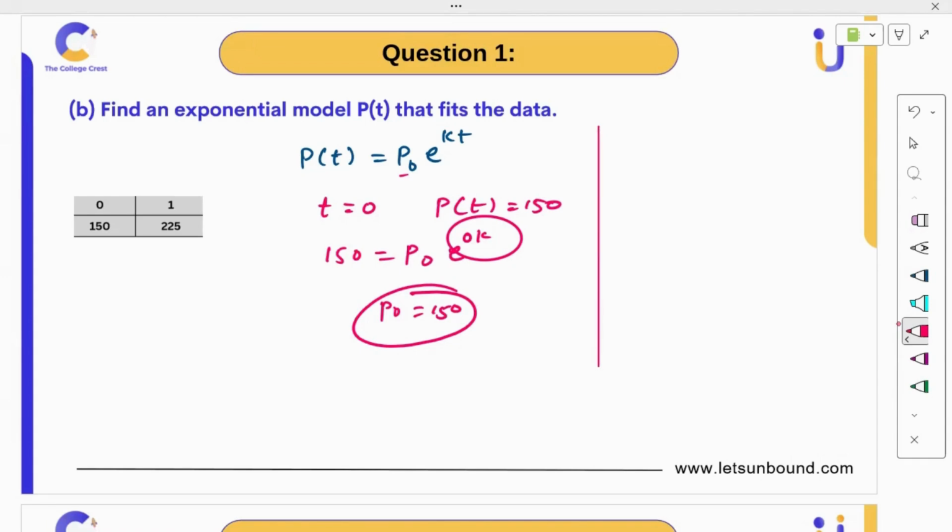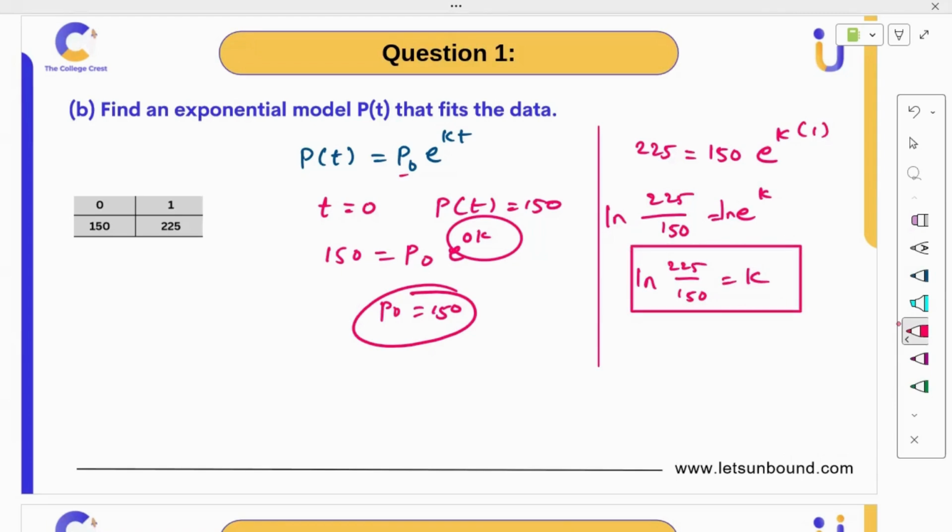So you pick another point: 225 equals P naught, which is 150, times e power k, where t is 1. So 225 by 150 equals e power k. I want k, so I'm going to take ln on both sides. So ln of 225 by 150 is k.